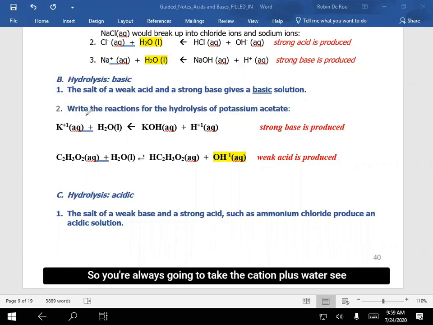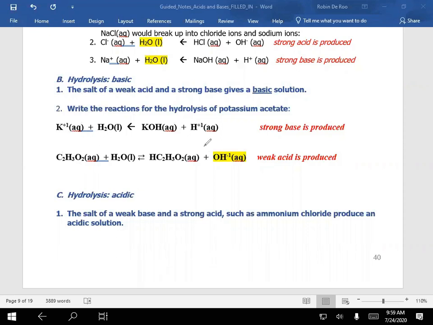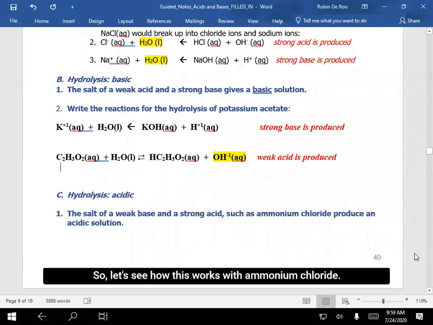So you're always going to take the cation plus water, see what happens. Take the anion plus water, see what happens. So let's see how this works with ammonium chloride.